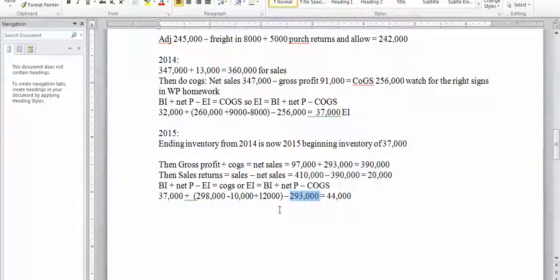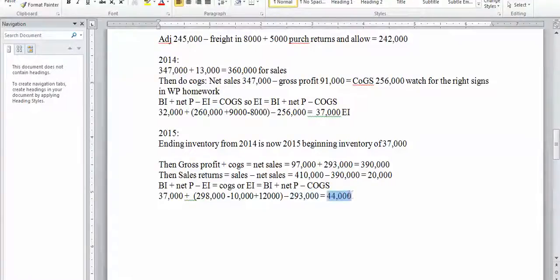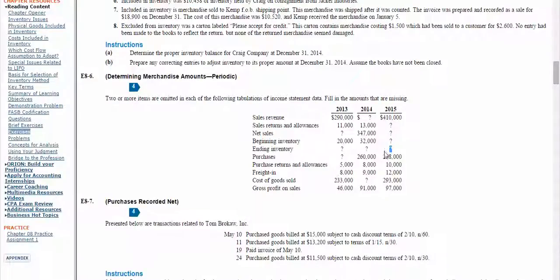Subtract out the cost of goods sold, which we were given, and we end up with our ending inventory of 44,000. It goes right there. So we've finished our puzzle here. It's kind of fun, but it could also be frustrating if you get stuck on any of these.